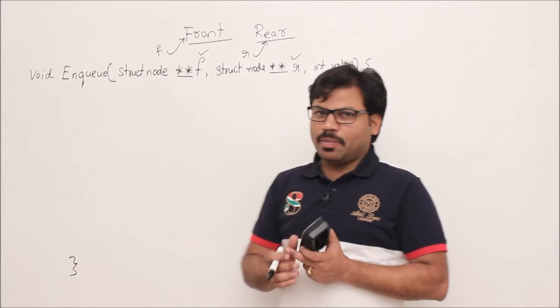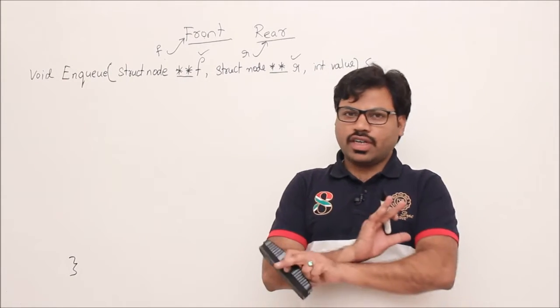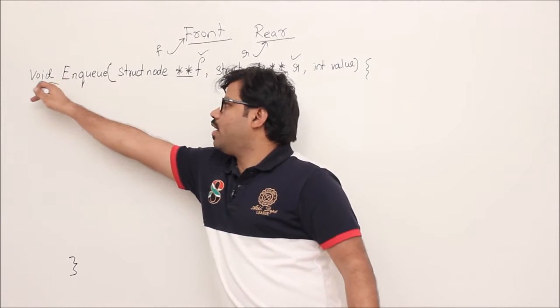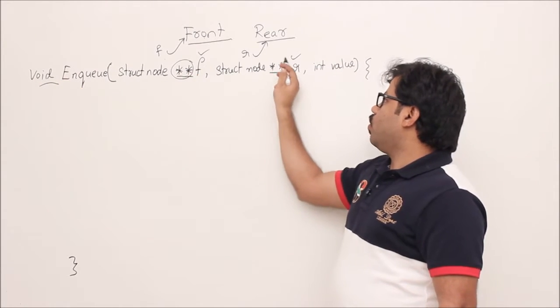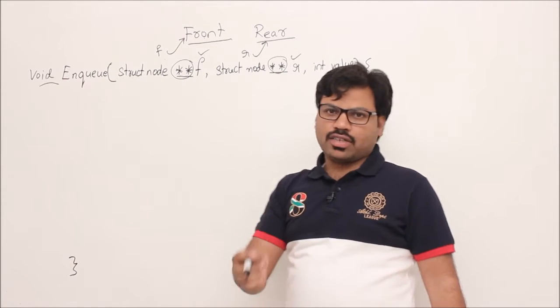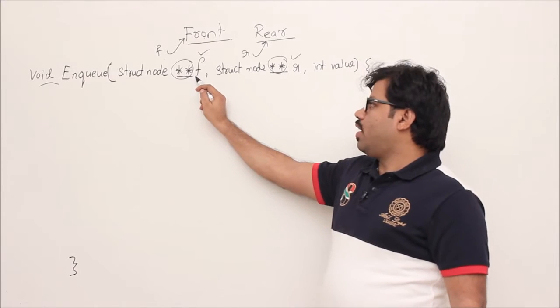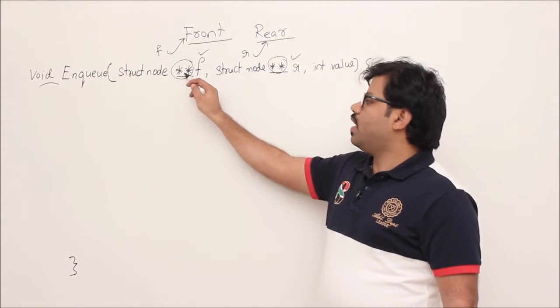Now let's try to implement this Enqueue method very clearly. So Enqueue is not going to return anything. That's why the return type is void. It is clear, right? Now why am I using double pointers, you know the reason, because we are going to send addresses of struct node pointers. One address is the front address, the second one is the rear address. Both are struct node pointers. That's why we need double pointers.